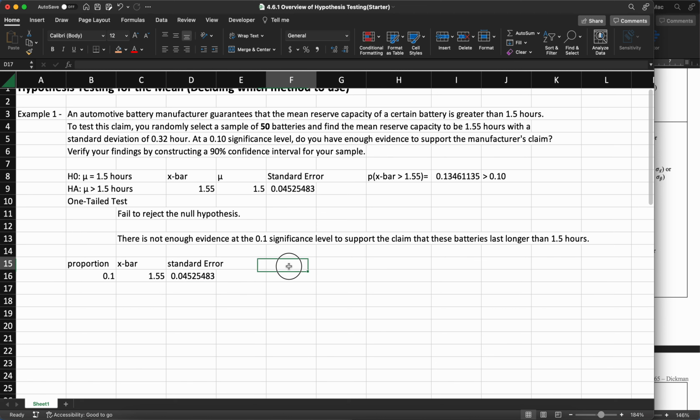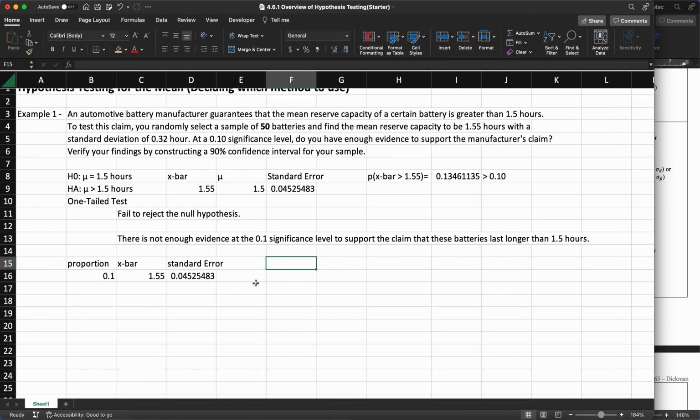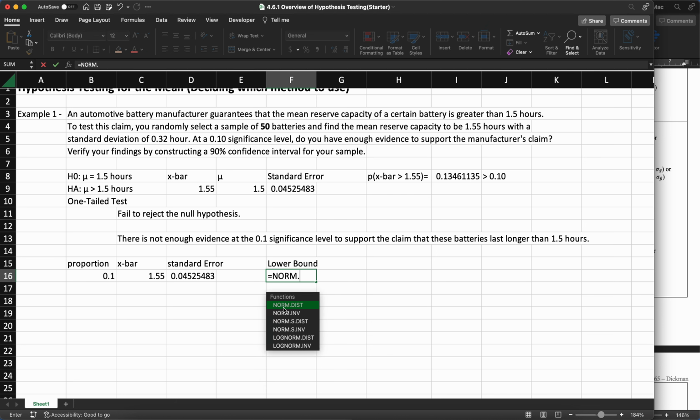And so to find the lower bound, all I need to do is use my inverse norm function. It says right here, if I'm going to find a one-tailed test and I want to find the lower bound, then I'm going to do norm inverse alpha, x bar, standard error. So my lower bound is going to be norm.inv, and then proportion, comma, x bar, comma, standard error.